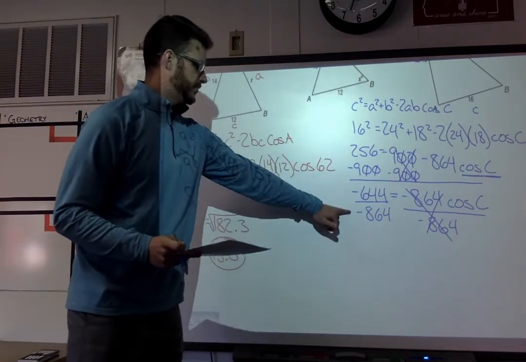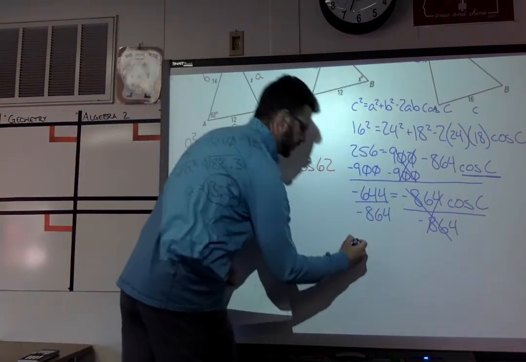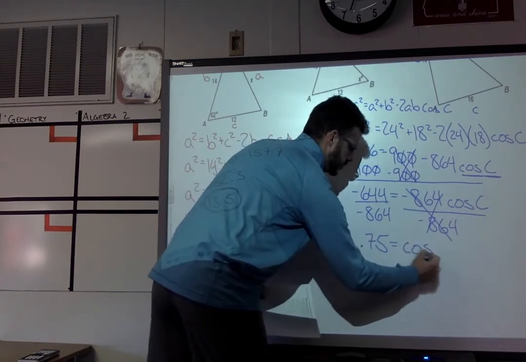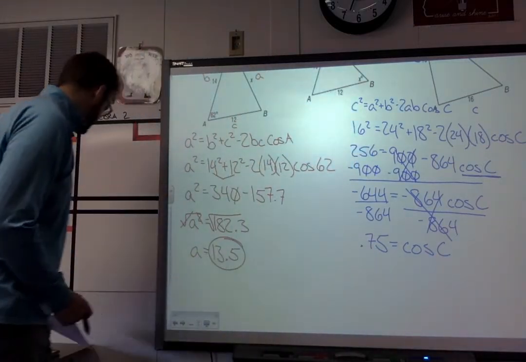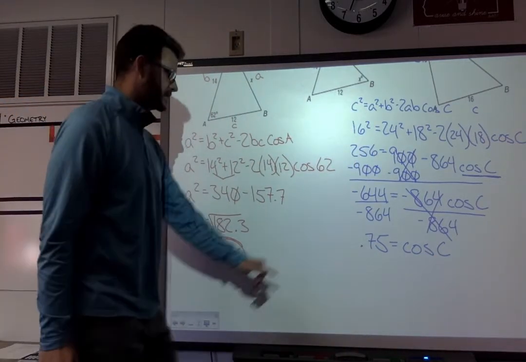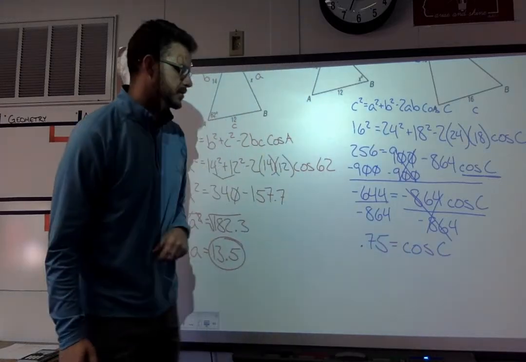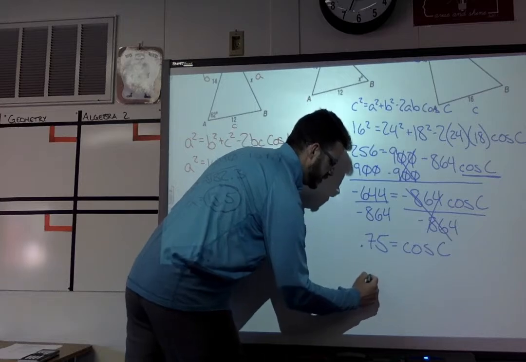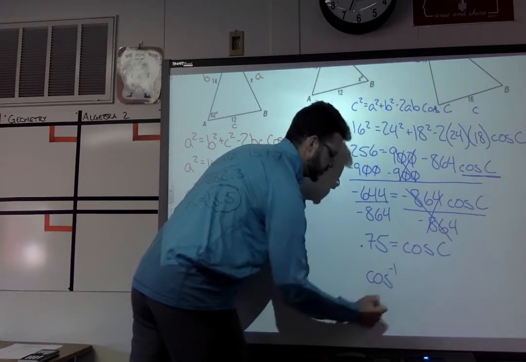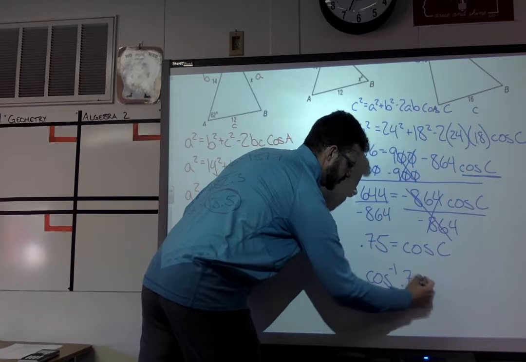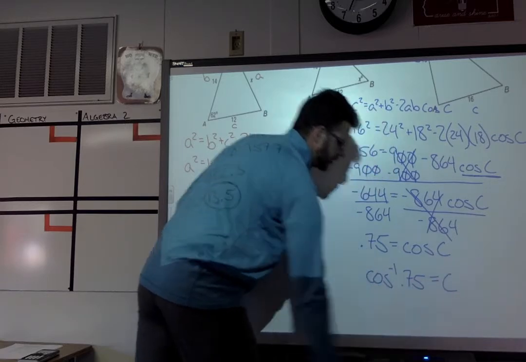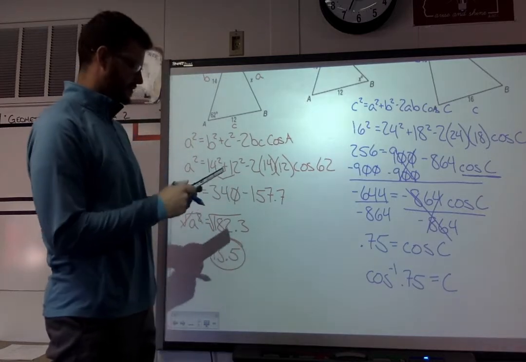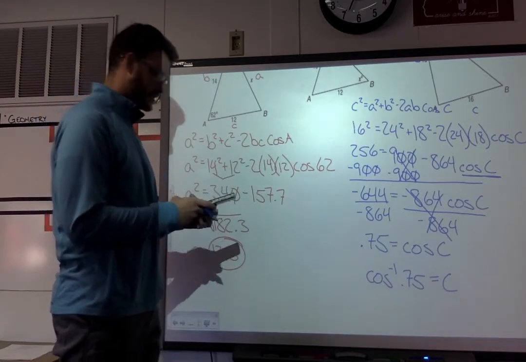Negative 644 over negative 864 would give me 0.75 is equal to the cosine of C. And then just like you've done in the last couple lessons, if you have the cosine of C is equal to a number, then you could change this to saying that the inverse cosine of 0.75 is equal to C. So we would, on our calculator, inverse cosine of 0.75.